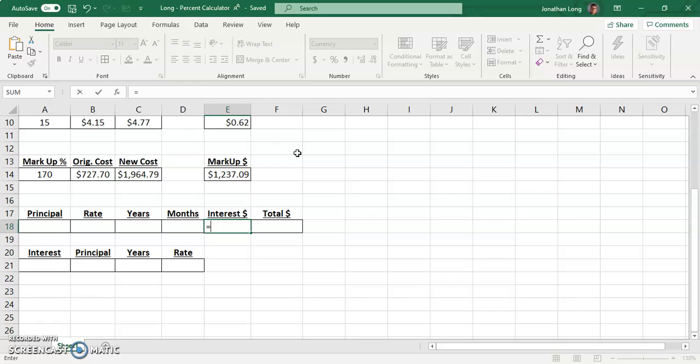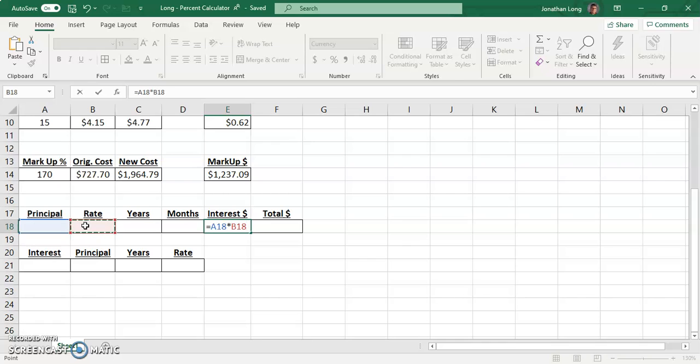Well, interest equals principal. So I'm going to click my principal box, times rate. Now watch this. Last time we took the rate and had to make it into a decimal, so we divided by 100. But there's a shortcut in Excel.